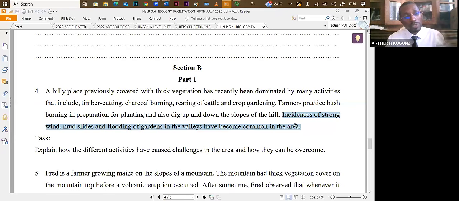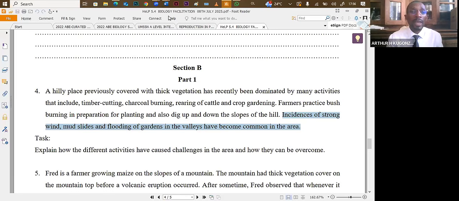All the responses that have been rejected, in this case, will be very correct. When you look at timber cutting, you think of which problems can come up as a result of it. So your responses of global warming and soil erosion will all be very correct, because the challenges have not been given.